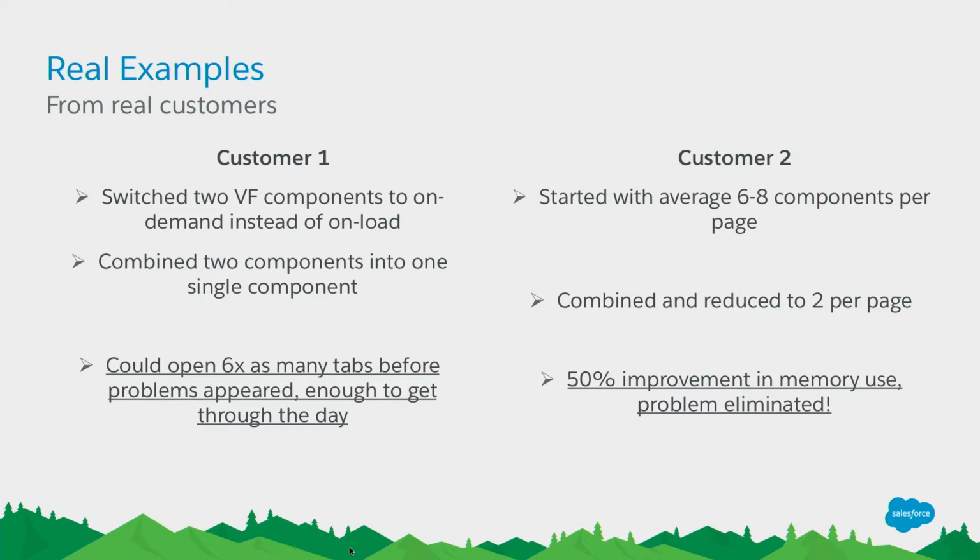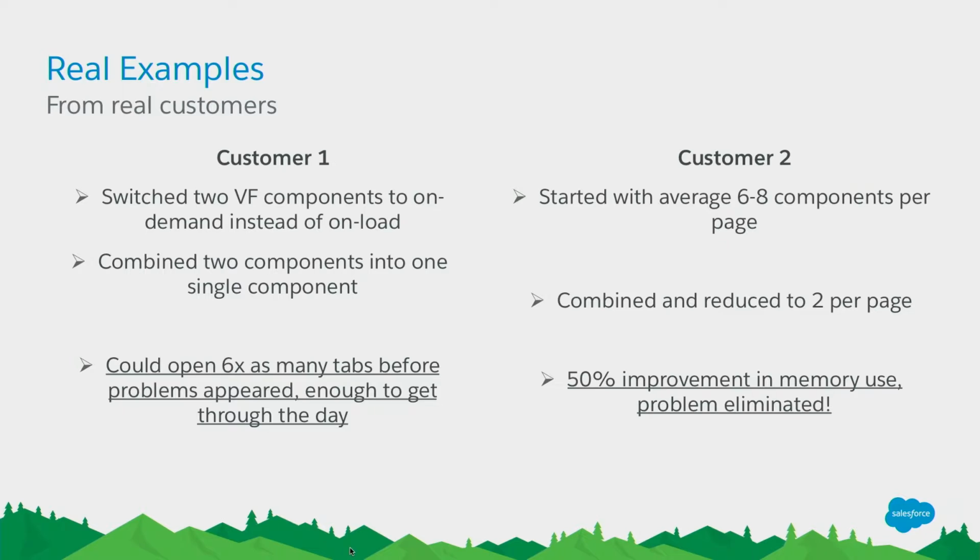And if anybody's rolling your eyes and doubting me that such simple things can make a difference, these are two real examples from real customers that really happened. I can't say who, but in the first one, they were experiencing problems where the browser would crash after a very short period of time. And so we worked with them to understand their customization and offer these exact same tips that we just went through.